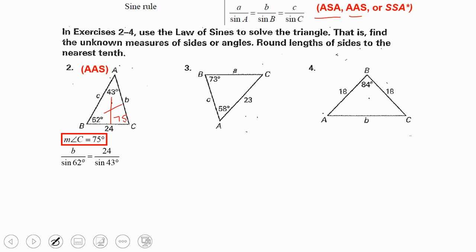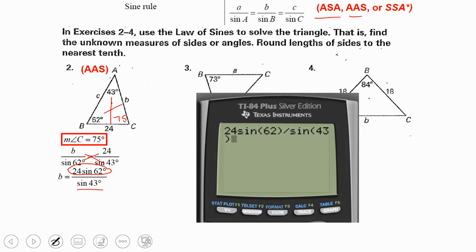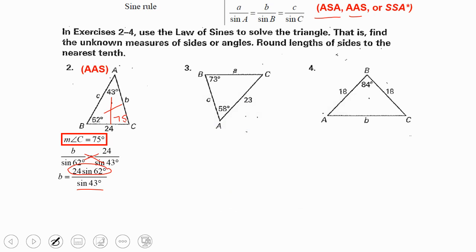So I'm going to cross multiply and divide. So this was 24 sine 62 divided by sine of 43. That's what it looks like in your calculator. So you get 31.1. Okay, and then we can set it up again.